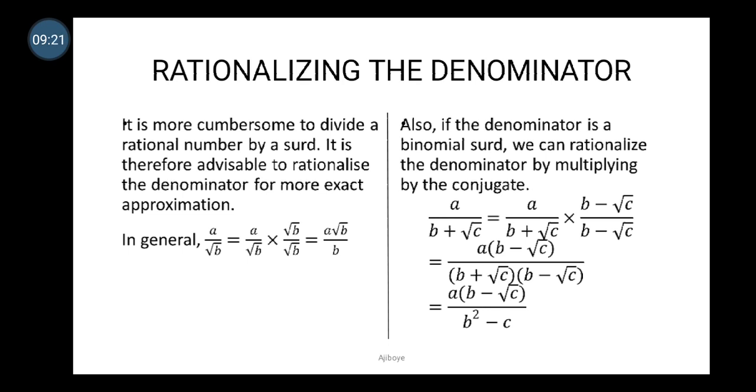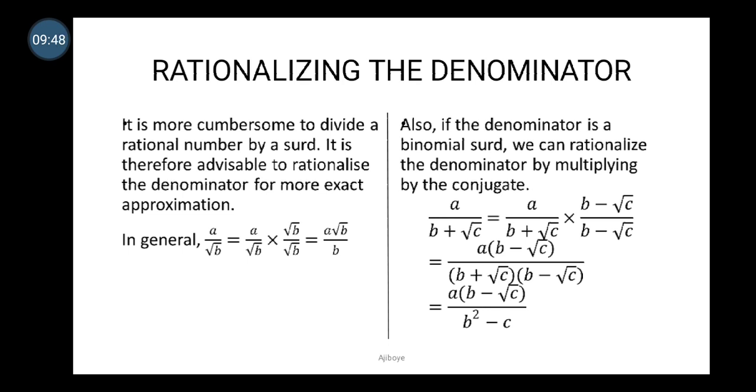For example, a over b plus surd c is equal to a over b plus surd c times b minus surd c over b minus surd c. That b minus surd c is the conjugate of the denominator b plus surd c. So what we are doing there is multiplying by the conjugate, just so that we can rationalize the denominator b plus surd c.